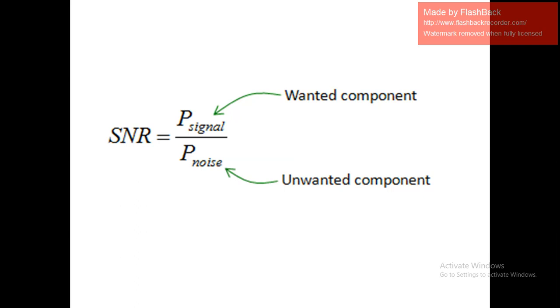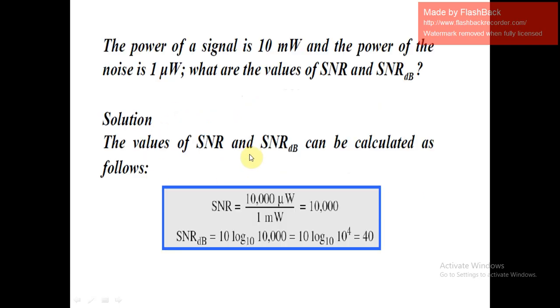What is SNR? SNR is the signal to noise ratio: signal power divided by noise power. Basically this is unitless, but in many cases we do the conversion in dB and get the value of SNR in decibel.